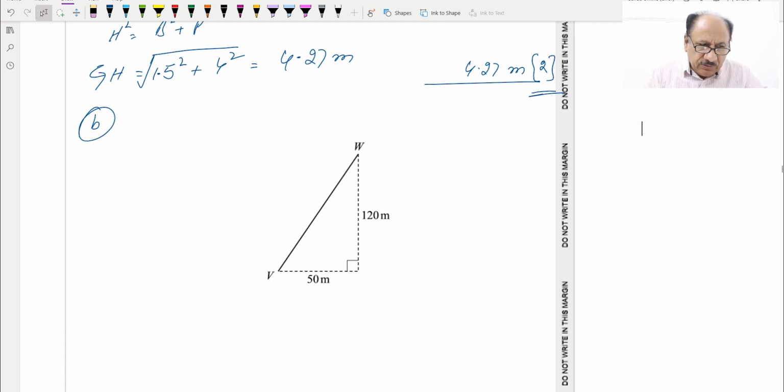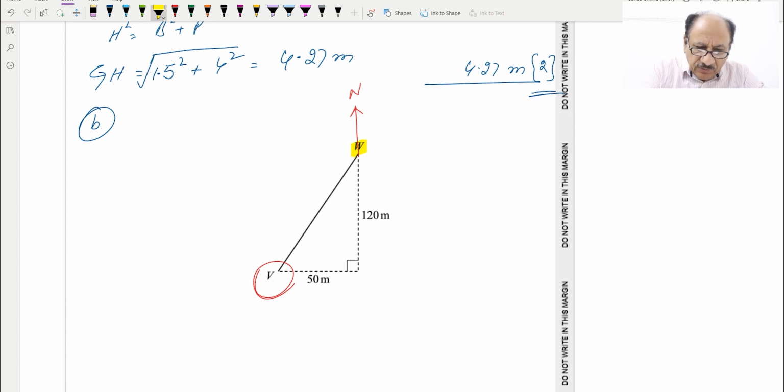W is 120 meters north of V and 50 meters east of V. So if we draw north from here, this one will be north, and the question says calculate the bearing of V from W. Bearing of this from W. So this is the question.